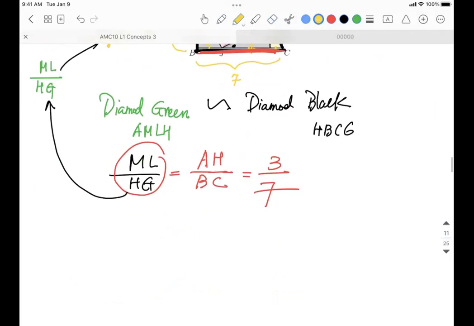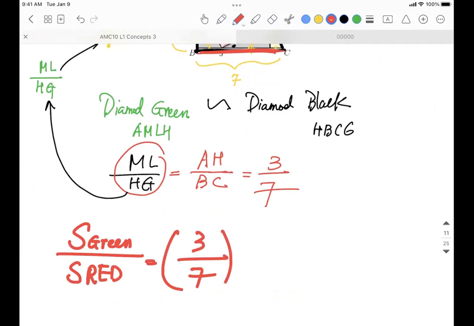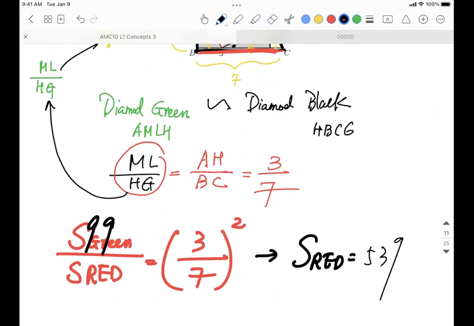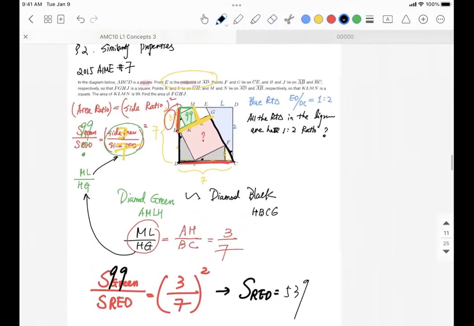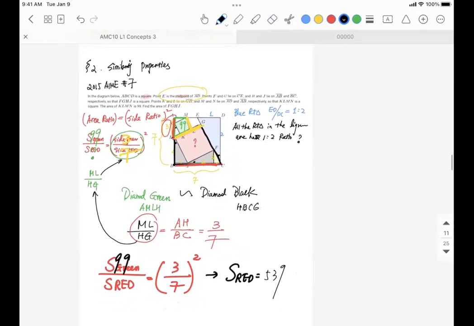So that being said, the green square over the red square equals 3 over 7, a perfect square. Is that right? And this guy you're telling me is 99. So quick calculation, the red will be 539. So that's it. That's exactly what the question is asking for. Right?